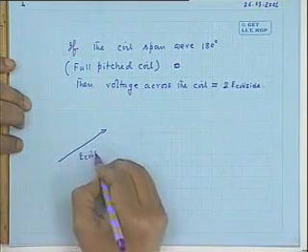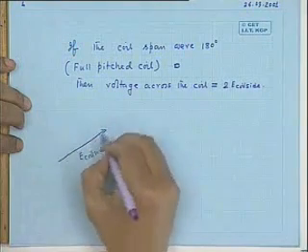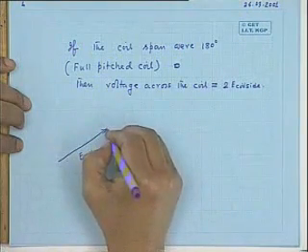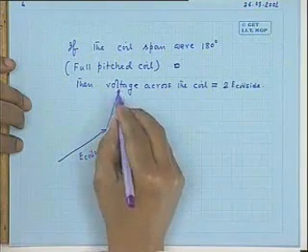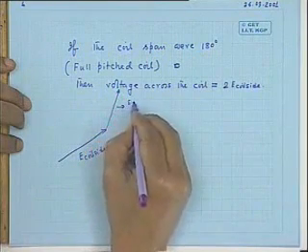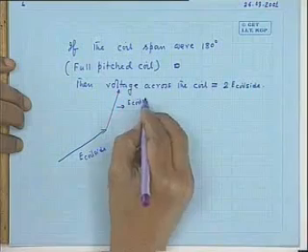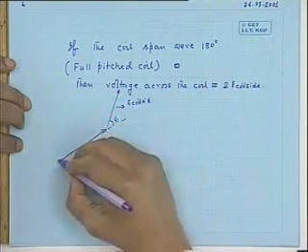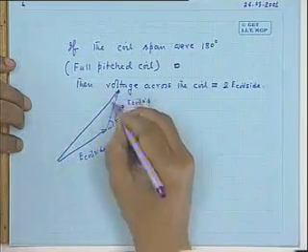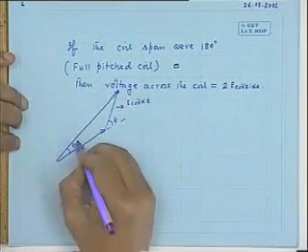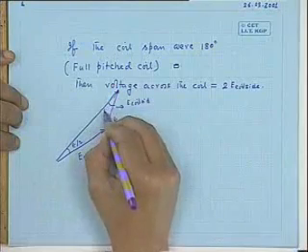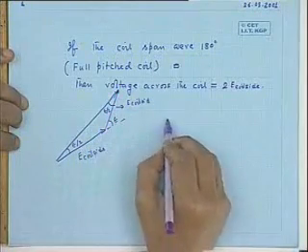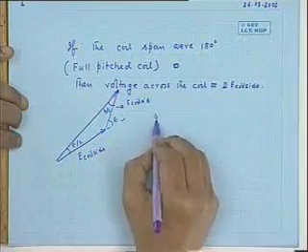But now what will be the voltage? This length is E coil side, this is also E coil side. This angle is epsilon, and this is the resultant voltage. So this is epsilon by 2, and this is also epsilon by 2.